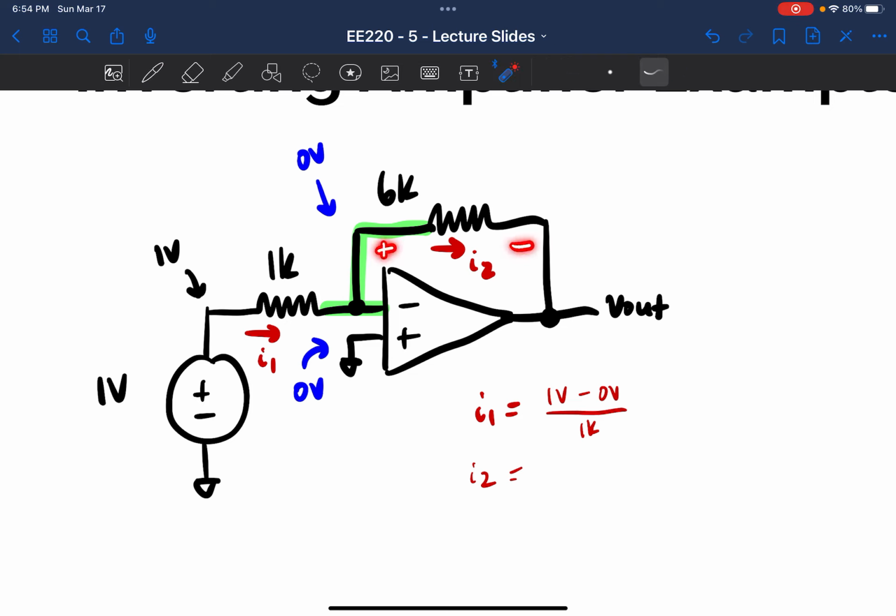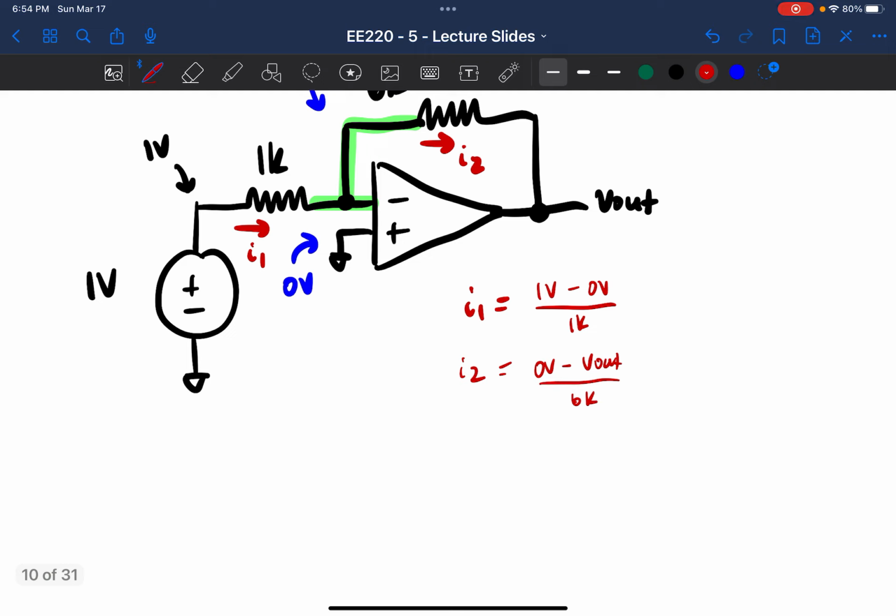It's going to be the voltage drop across that resistor, which is 0 volts minus V out, divided by 6K. Okay, so now we can set these two things equal to each other. I1 is equal to I2, right? That current and this current are equal because no current is going to flow here.